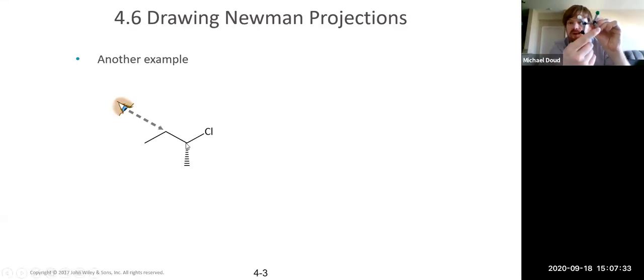We have to assume that's pointed towards us because we know the methyl group is pointed away from us. That's what's back here. Then this chlorine has to be in the same plane as that carbon-carbon bond, the one that we're looking down, which is right here. Now this methyl group, as you can see if you're looking at it this way, is pointing straight down. So that tells us we need to orient it so that the methyl group is down and the chlorine group is up. Okay, now give that a shot and then we'll do the Newman projection together.